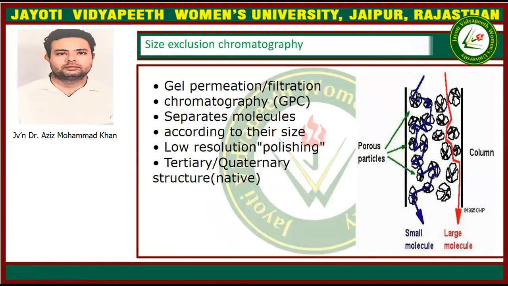The next is size exclusion chromatography. Size exclusion chromatography is actually gel permeation chromatography, in which the gel is the stationary phase and the particles are separated on the basis of their size. We know about agarose gel electrophoresis.